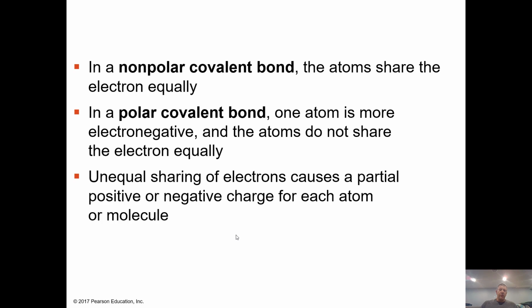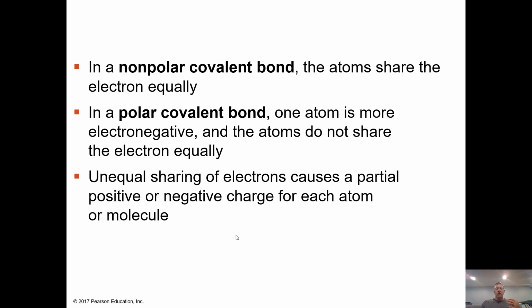And when we're making these covalent bonds, sometimes there's unequal sharing. When we get unequal sharing, we call that a polar covalent bond, versus equal sharing, which is a non-polar covalent bond. And usually this occurs when you have a big difference in electronegativity.